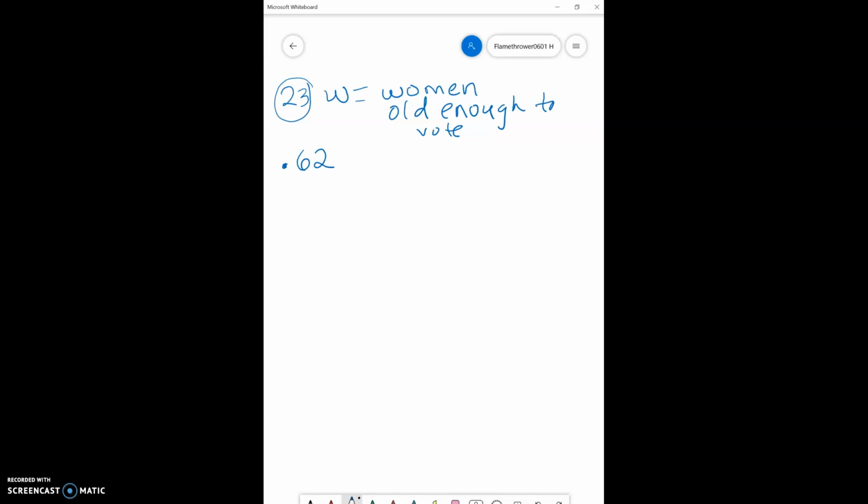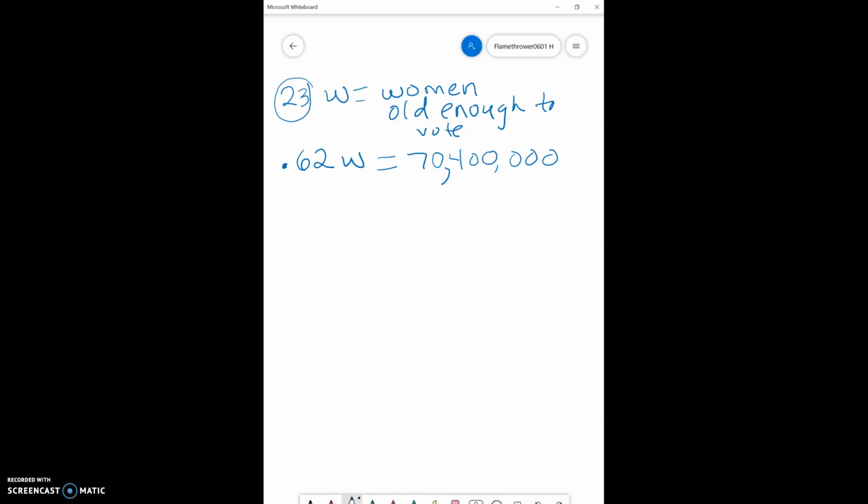So 62% of the women old enough to vote. We don't know that, so 62% of W. But we do know that 62% of the women old enough to vote are 70.4 million voters. So 70,400,000. That's how you would write 70.4 million.